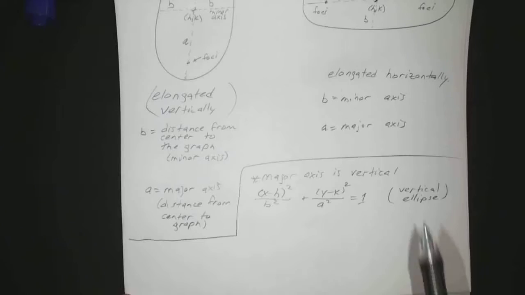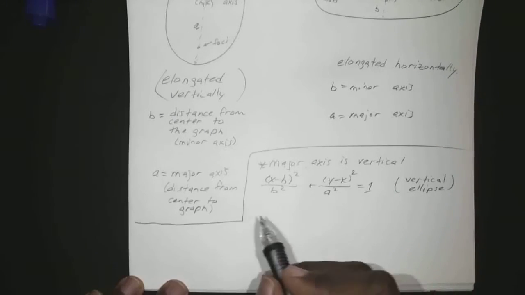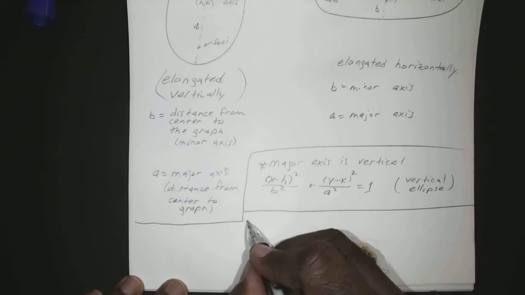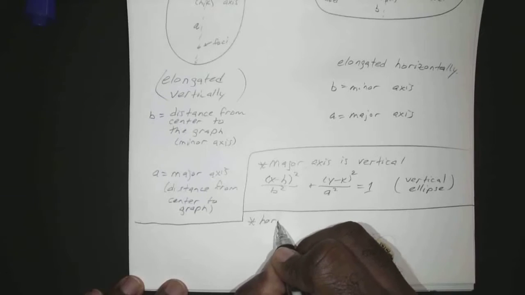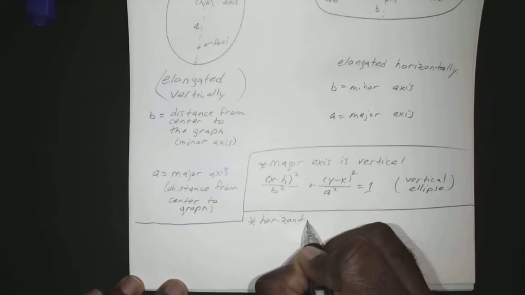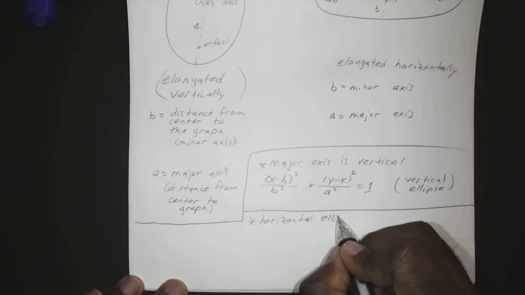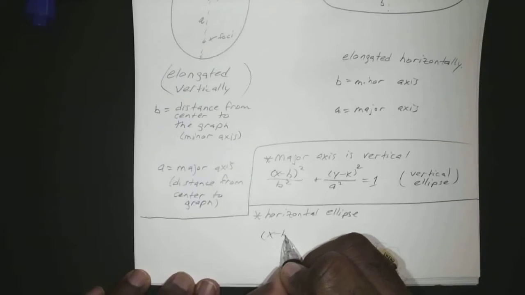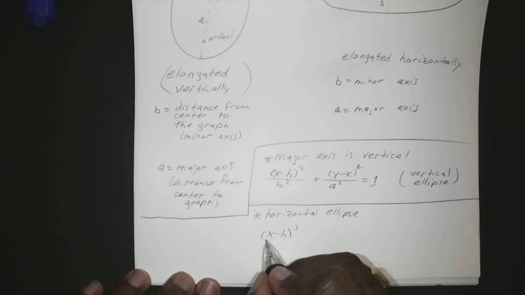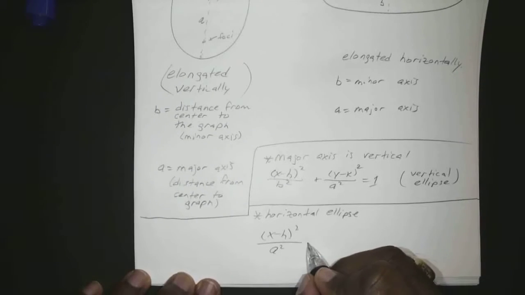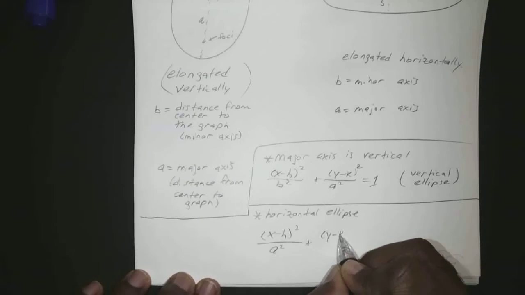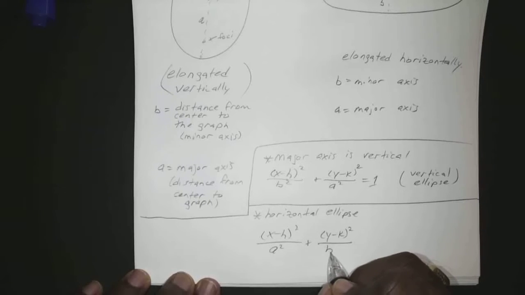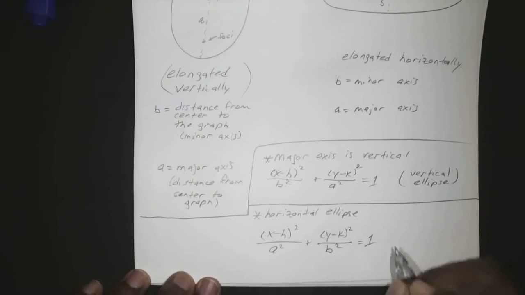Now, if you have the horizontal ellipse, it's just (x minus h) squared over a squared plus (y minus k) squared over b squared equals 1.